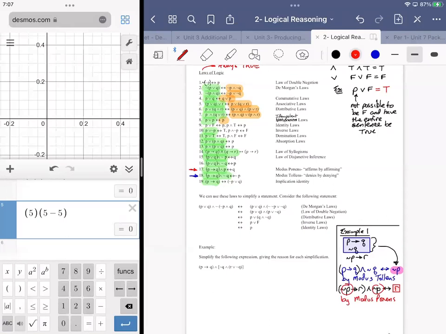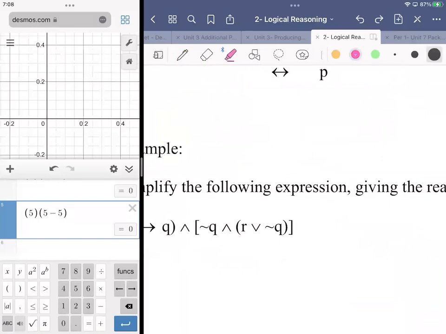So the P implies Q, I can't really do anything with that, right? We know that there are circumstances in which P implies Q is true and a circumstance where it's false. It's really the mess over here. So we have not Q and R or not Q, all right? I'm looking for a law. If I just focus in on this piece, I'm looking for a law of logic that's just going to deal with this part.